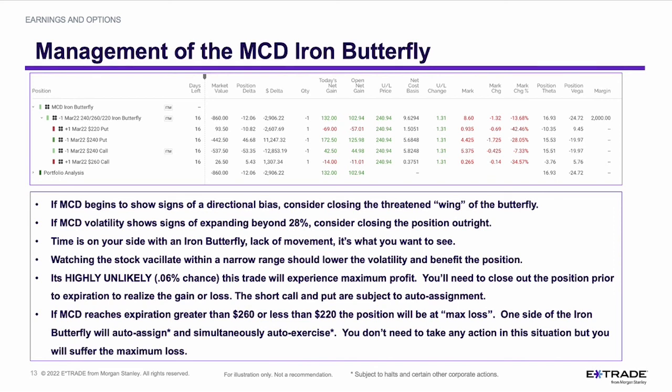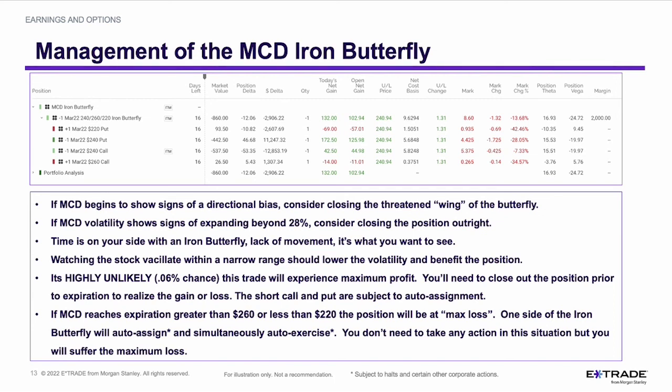But if it is higher than 260 or lower than 220, then you're going to be at maximum loss. So one side of the iron butterfly will auto assign, and simultaneously it will auto exercise. And I guess the only good news here is you don't need to take any action in this situation, but you are going to be suffering maximum loss. So hopefully you understand the management of it. Hopefully you do not experience that last bullet point right there. But again, if you do, it's good that you prepared for maximum loss in this case.